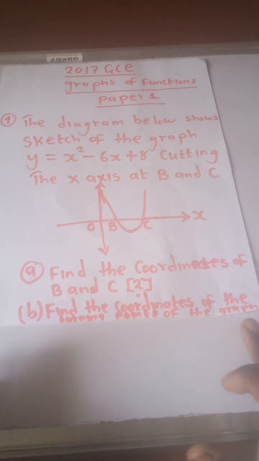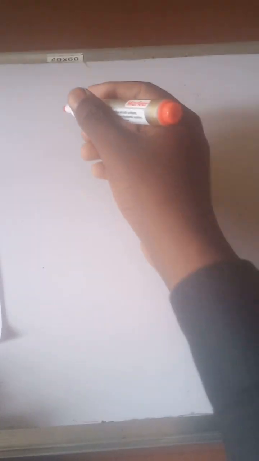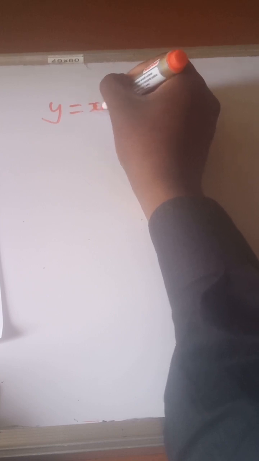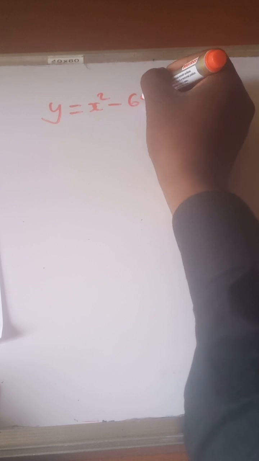So the way we do it, since you have been given the equation, you can see the equation. It is y is equal to x squared minus 6x plus 8.